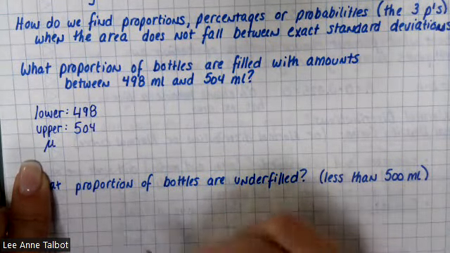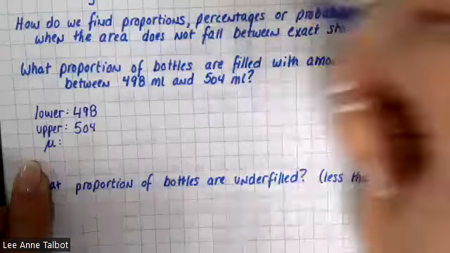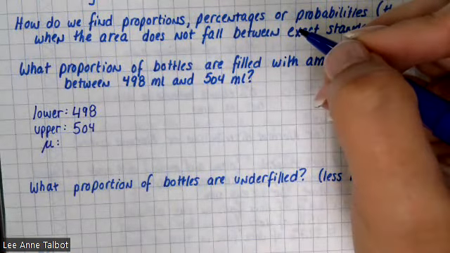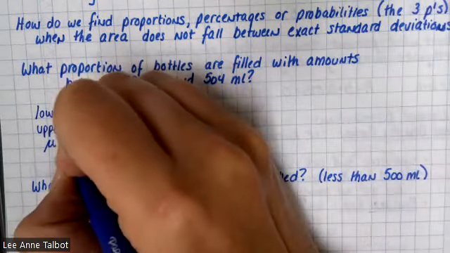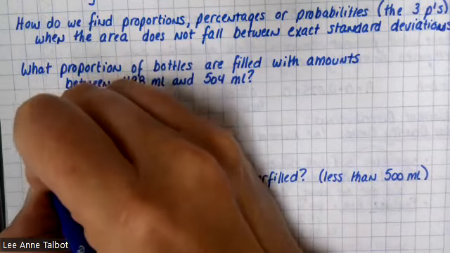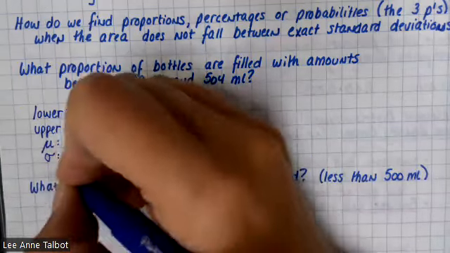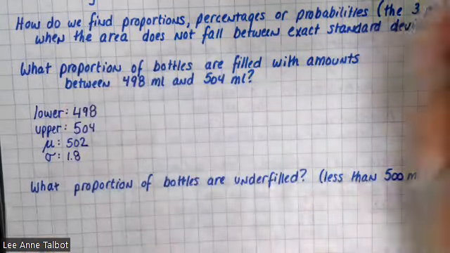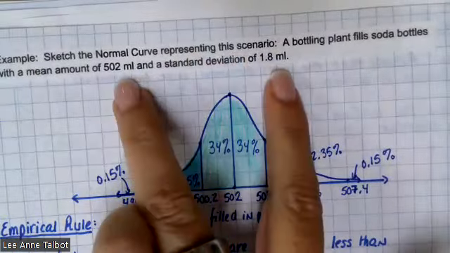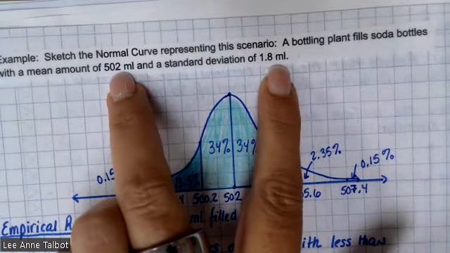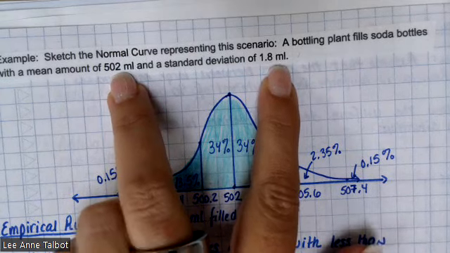Can you guys tell on your graph above what the mean was? 502, nice. And standard deviation was 1.8. If you're lost, these values were up here in this problem, the printed out Mr. Talbot version.